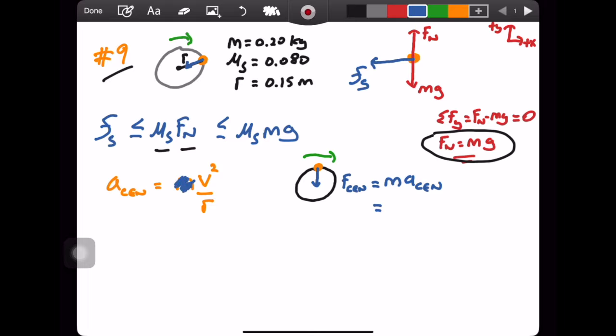The centripetal acceleration is just v squared over r. I got one step ahead of myself there. I conflated force and acceleration.